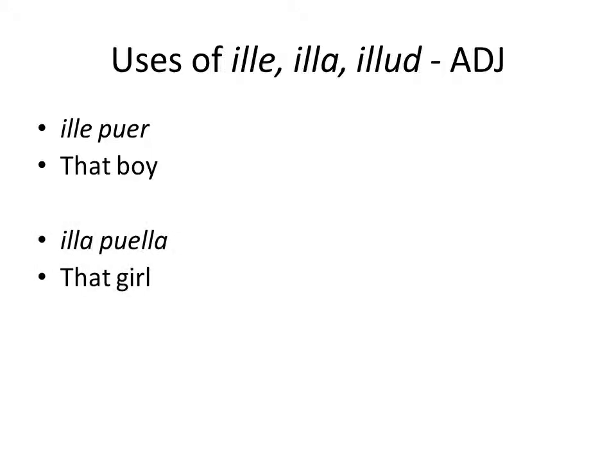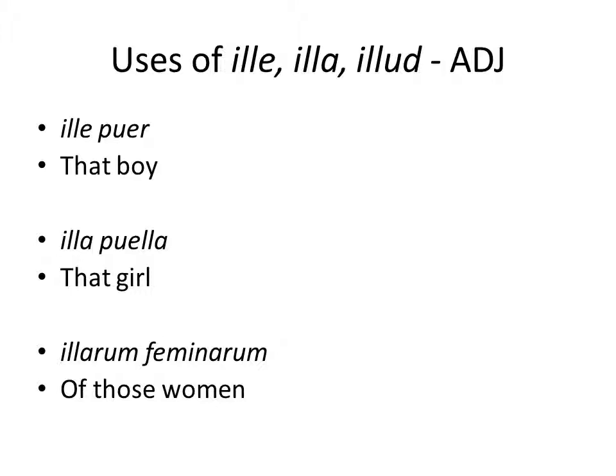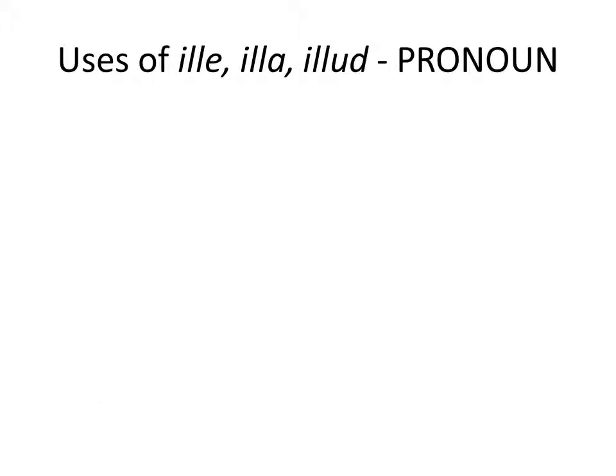Illa puella would mean that girl. Illarum feminarum. The plural of that is those. So, of those women. A lot of people can get this, these, and that, those mixed up. Be sure that you don't do that. This becomes these, that becomes those. Here's our adjective uses.